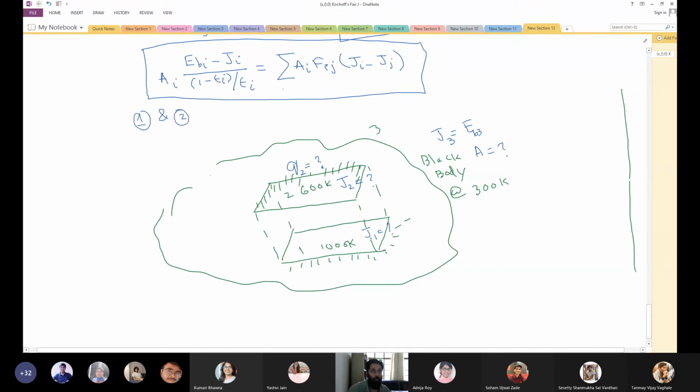Although in the summation I have to sum for all surfaces, let us see how it goes. Now write down this equation for surface 1 and surface 2 in your notebook.